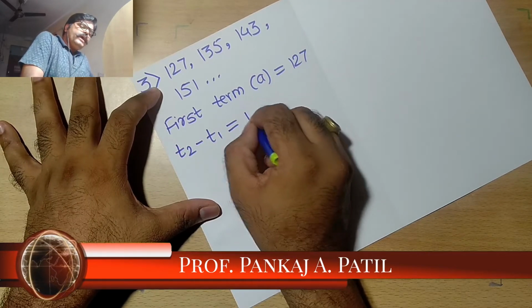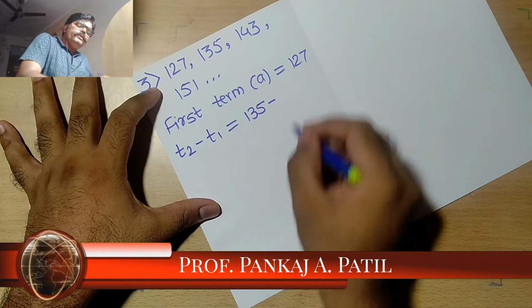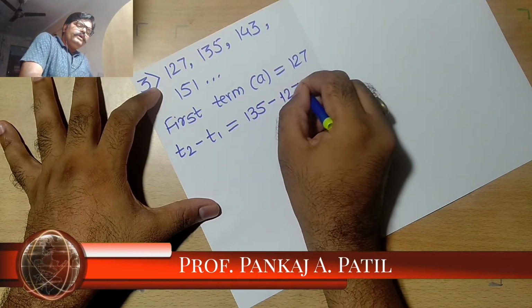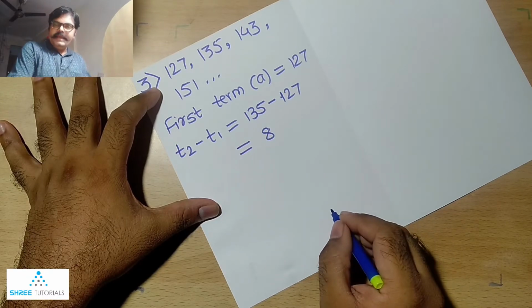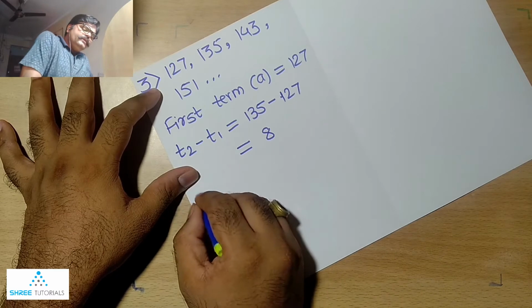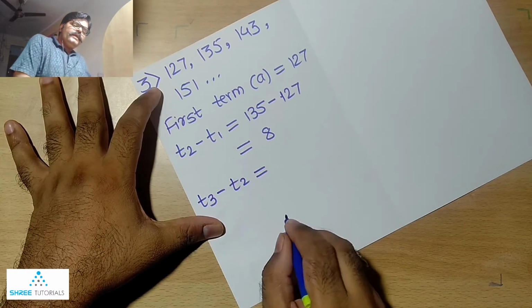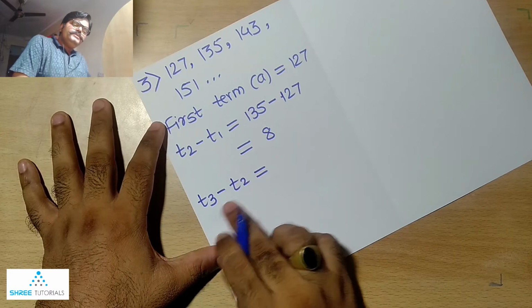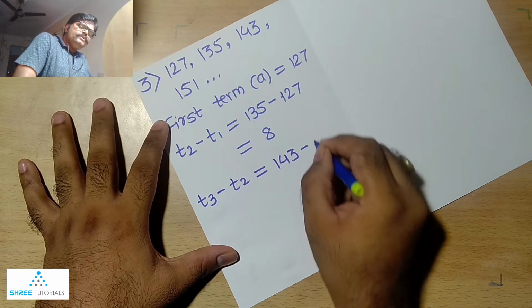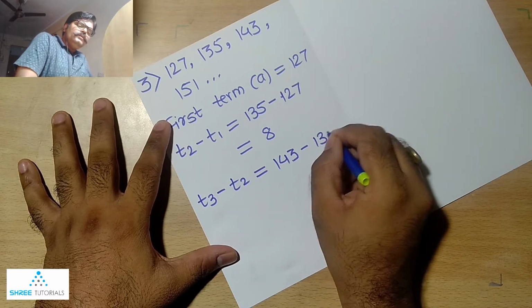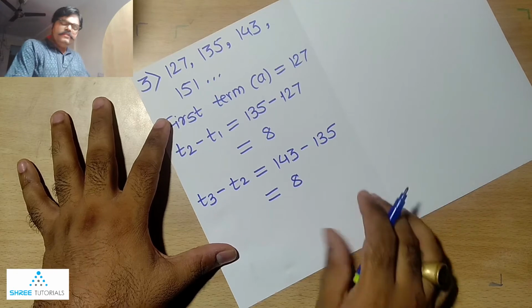T2 is actually 135 minus T1's value, which is 127. As a subtraction we get the result 8. Similarly, T3 minus T2. In this place we are going to substitute T3 as 143 minus T2, that means 135. The subtraction is actually equal to 8 itself.